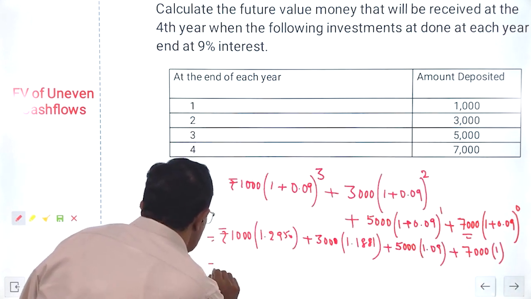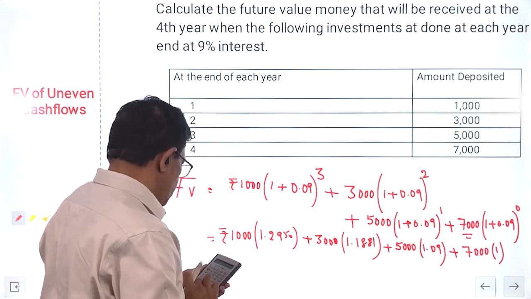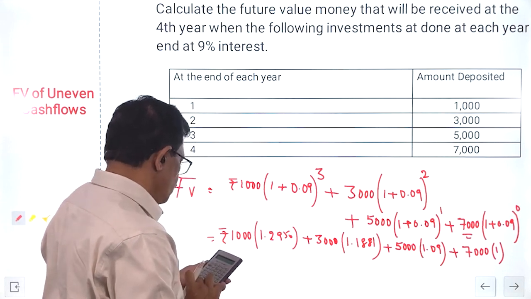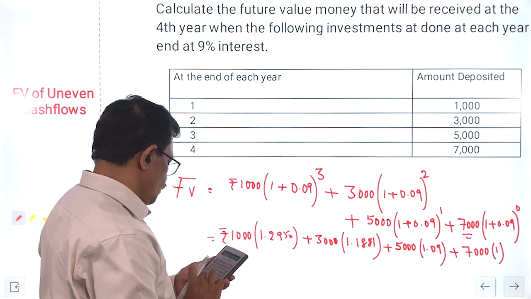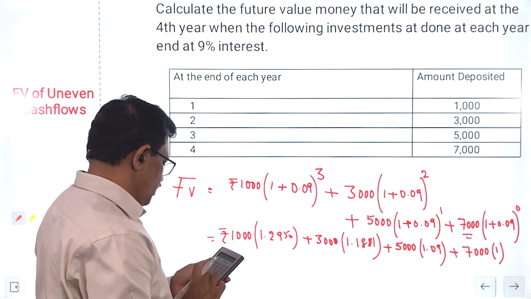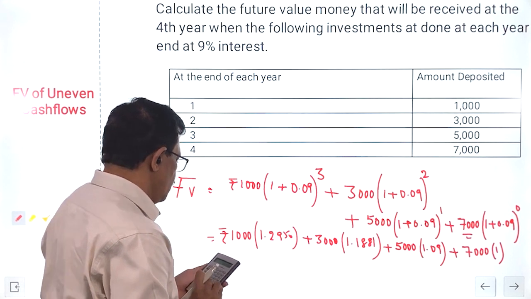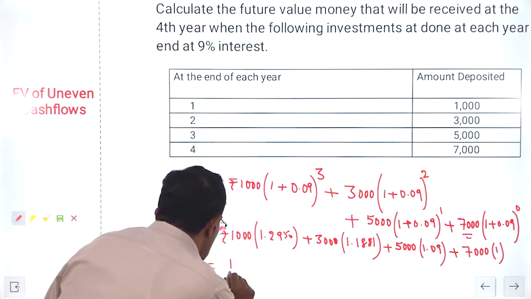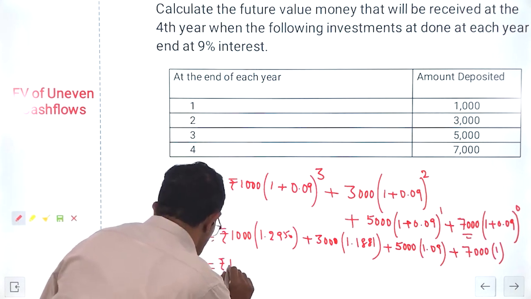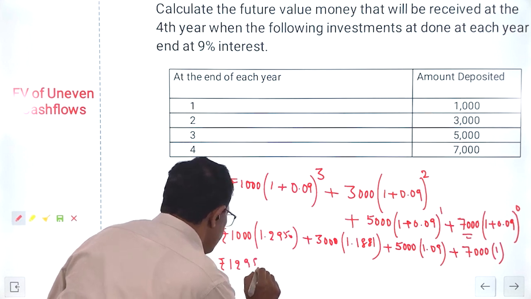So what is the value of this whole thing? 1,000 into 1.2950 is 1,295.